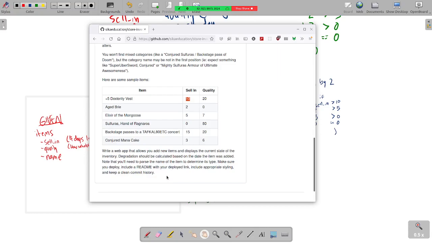On the quality of each item, they're just based on the date itself rather than, they don't have a starting quality, correct? They do. These are all examples of starting quality. And that could be part of the form. When I started mine, part of my form input is the starting quality.